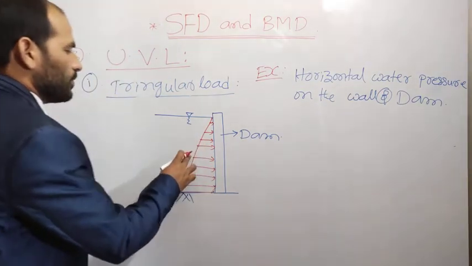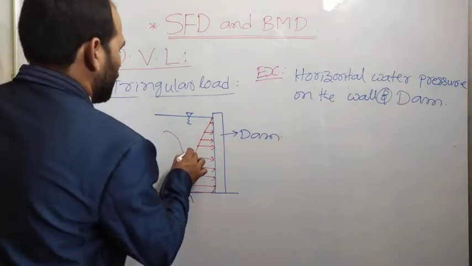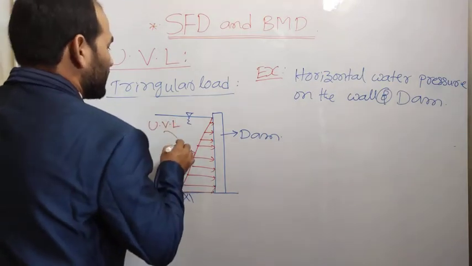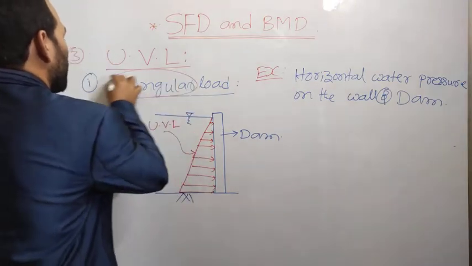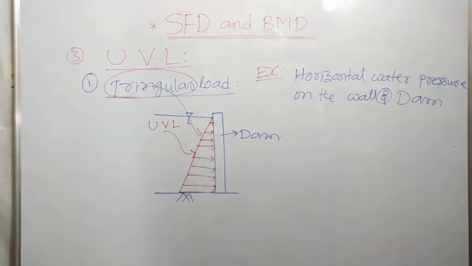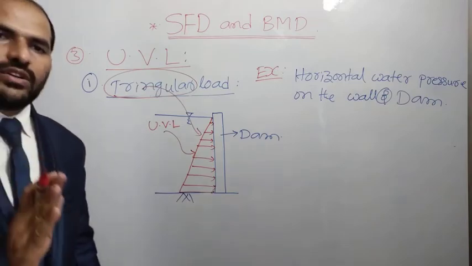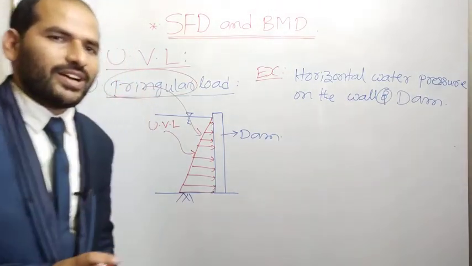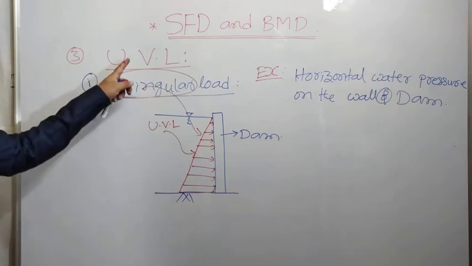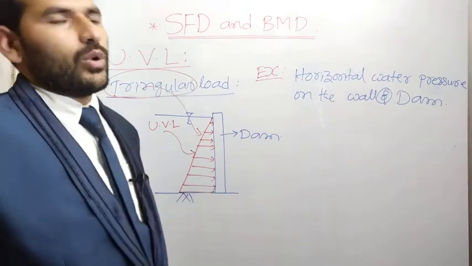Water pressure distribution is like this. This is called UVL load. In the UVL load, this is a triangular load. The load is distributed like this, in the shape of a triangle.